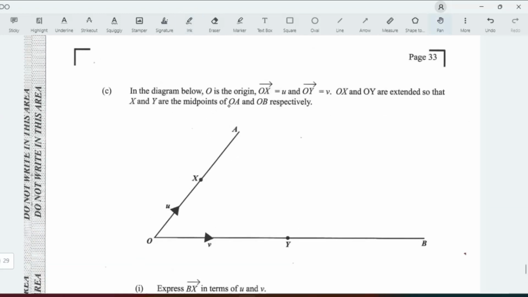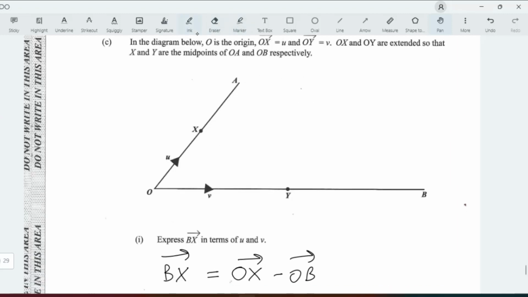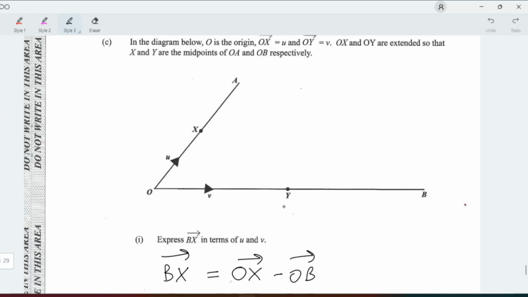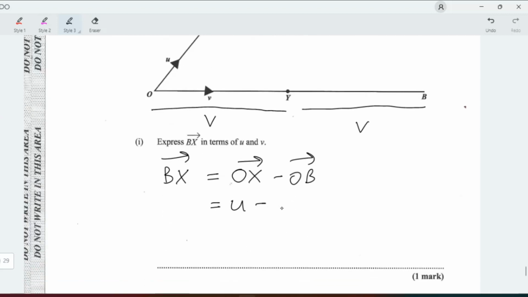Now, they told us OY is extended so that Y is the midpoint. So if Y is the midpoint, and OY is V, and this is also V, then OB must be 2V. So it's U minus 2V, right? That's it. So to go from O to B is 2V.